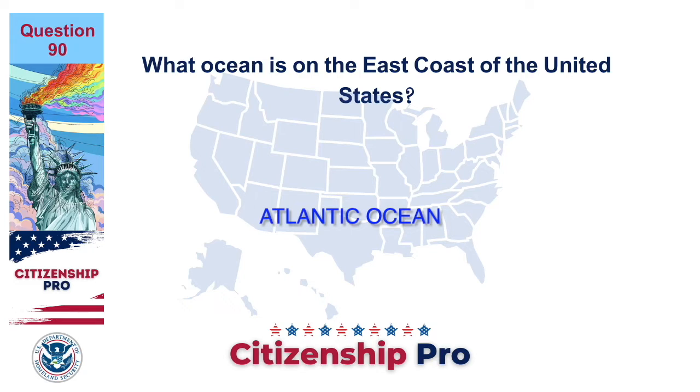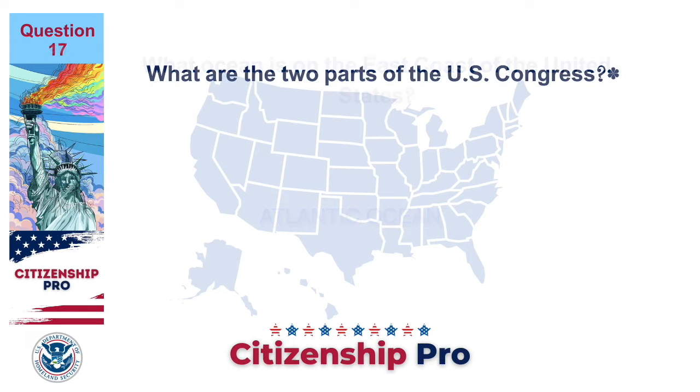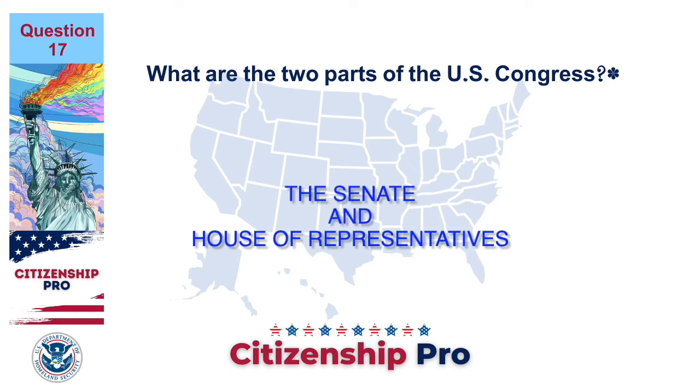Atlantic Ocean. What are the 2 parts of the U.S. Congress? The Senate and House of Representatives.